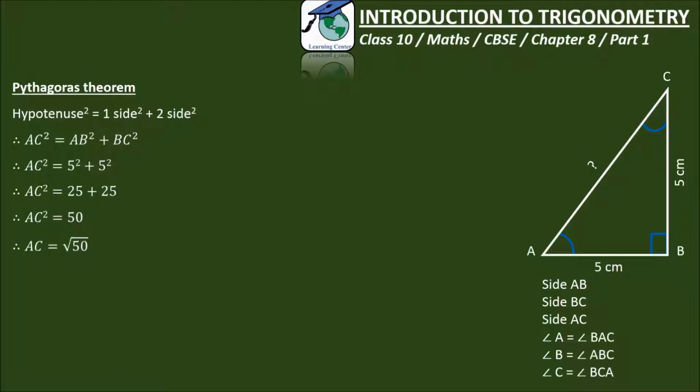Therefore I can write root 50, which is actually 7.07, is approximately equal to 7 centimeter. In this example we are taking the approximate value because the intention here is to explain trigonometry, not to calculate the square root of numbers. That's why for now just consider AC is equal to 7 centimeter.